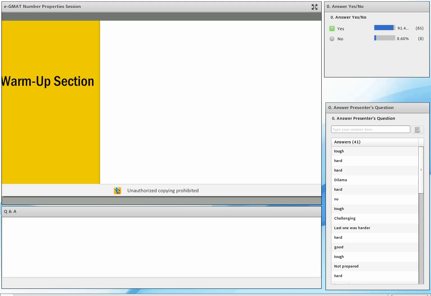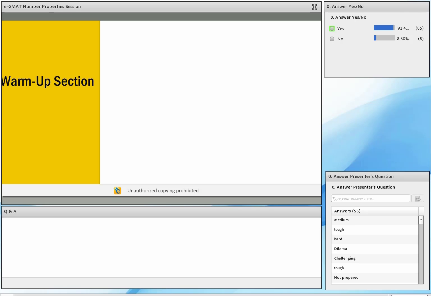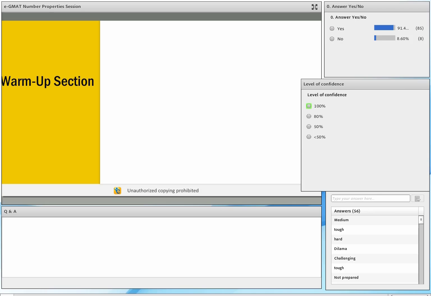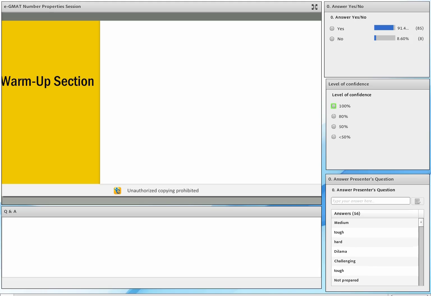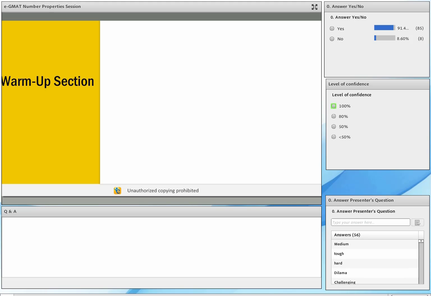Last one was harder, daunting. Okay. All right. That's okay. It's okay to feel this way right now. It's absolutely fine. And I'm hoping that as we go through this session, as we start talking about content, as we start covering the approaches, you will get another chance to solve these questions. Okay, so it's absolutely fine regarding how you felt.